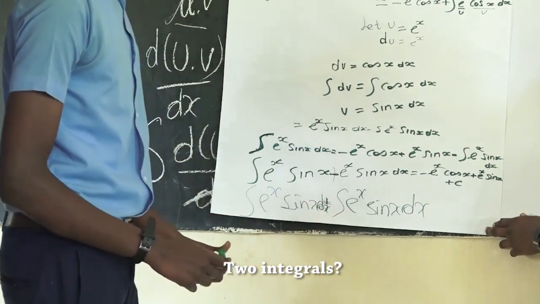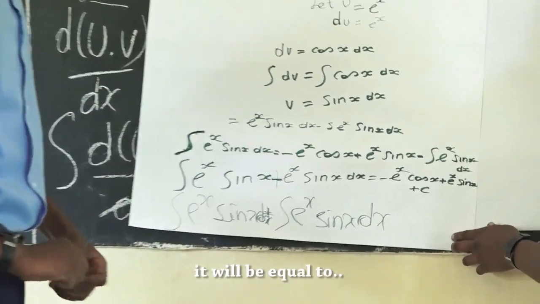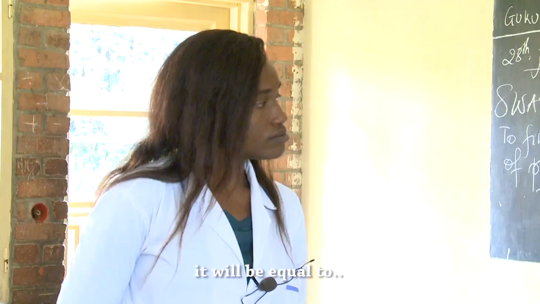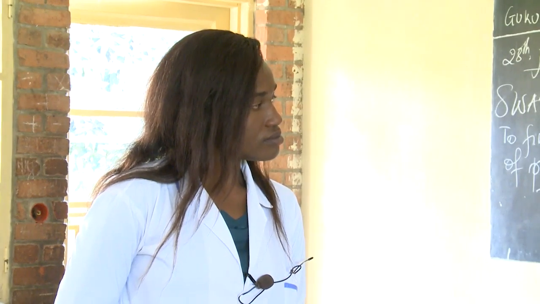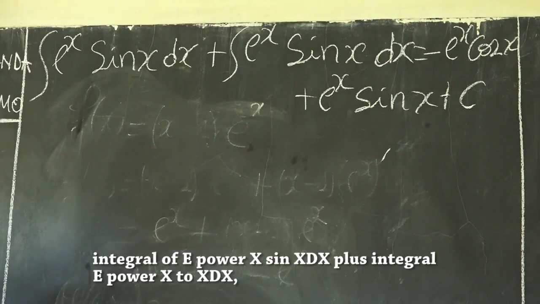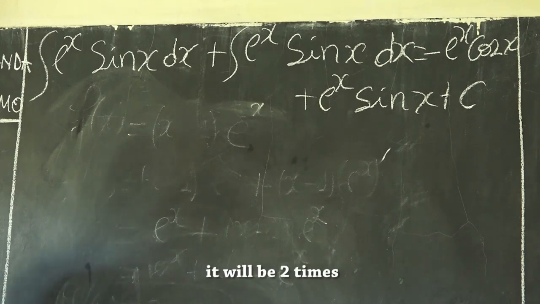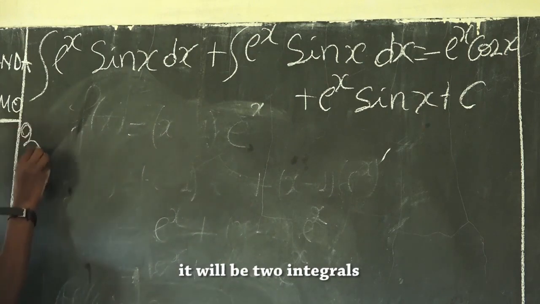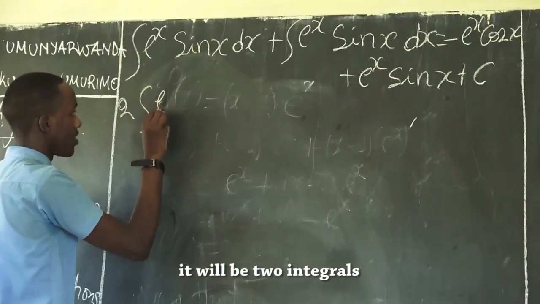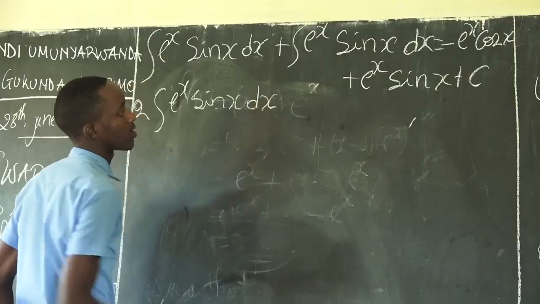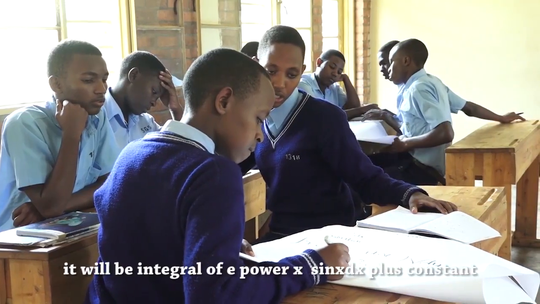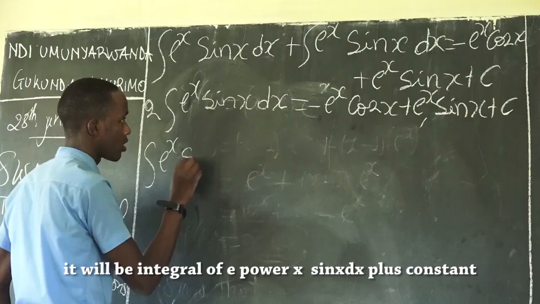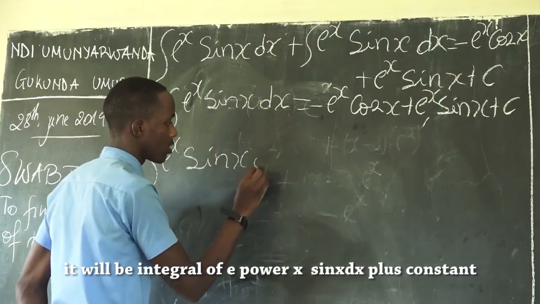The two integrals should be equal to e power x, the integral of e power x sin x dx plus the integral of e power x sin x dx. It will be 2 times the integral of e power x sin x dx.